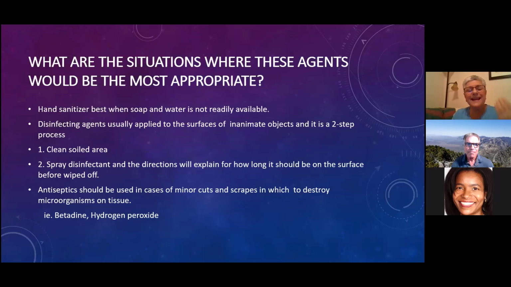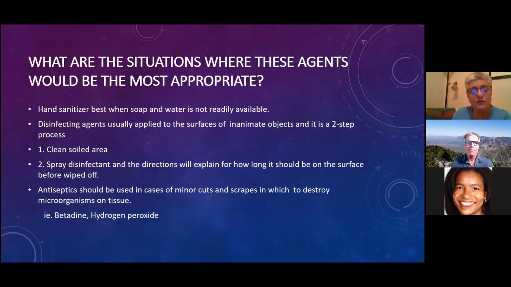And then when we talk about antiseptics, that is used in cases of minor cuts and scrapes on your skin. You want to destroy the initial bacteria that's in an area. When a tissue gets damaged, the bacteria can get in. But if an antiseptic is used right away, it can help reduce the amount of bacteria in that area.